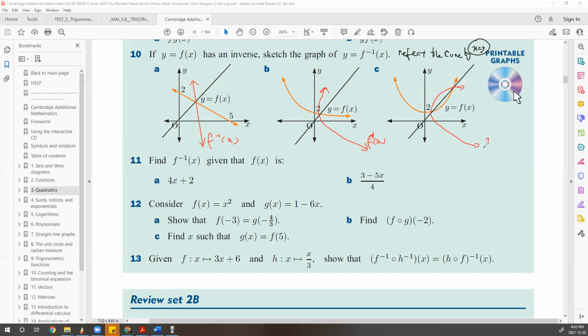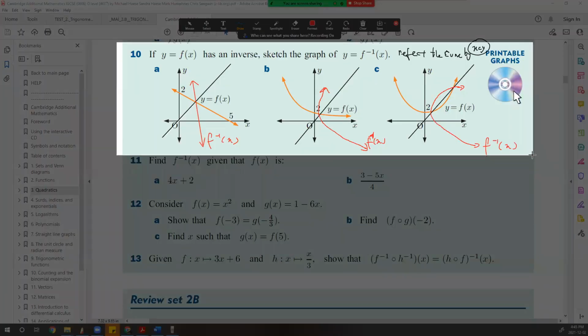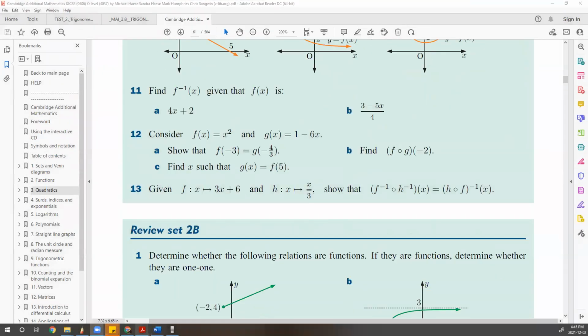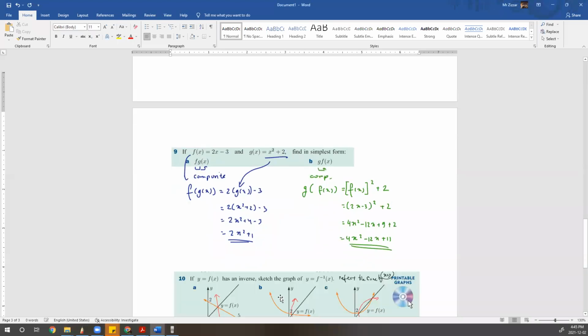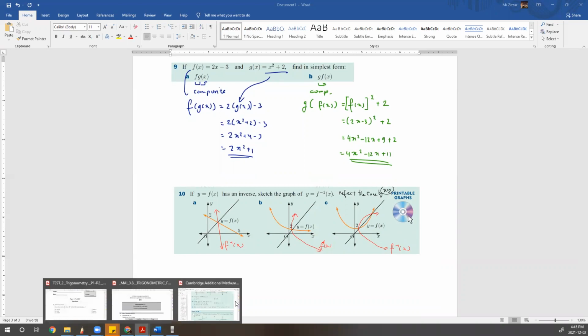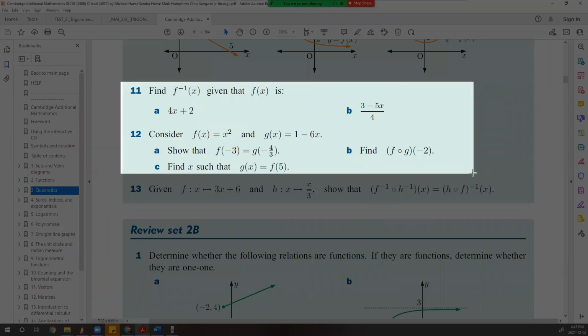Right? This is the inverse function of x. Okay, I think I need to copy this. So with respect to y equals x. That's how you do the inverse. But this is the graph. Okay, the graph is quite simple, but how do you do the equation? Okay, I think I need to do all.